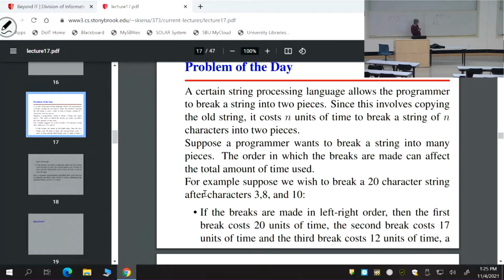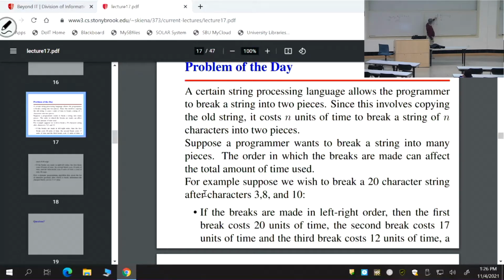Is there any other way we might possibly do the cuts? What other cut could be first? What if we cut it directly at 8? That was cutting from the left, and this is cutting from the right. What if I did the 8 cut first? What would that cost? 20. Then let's say I did the right one.